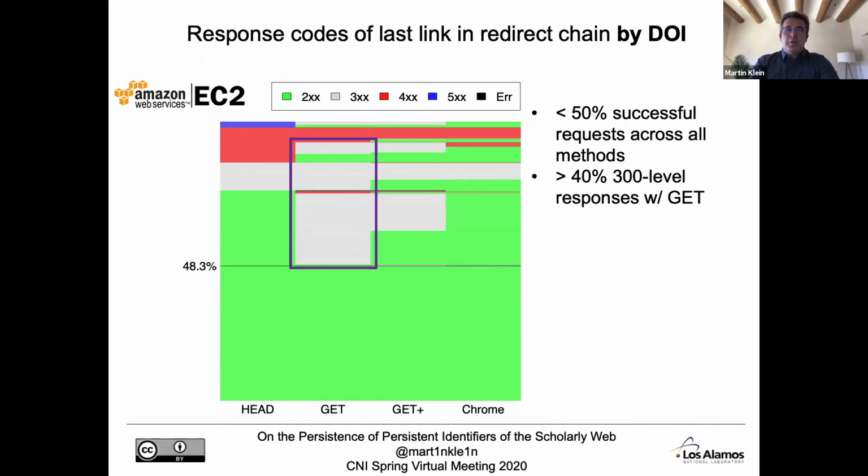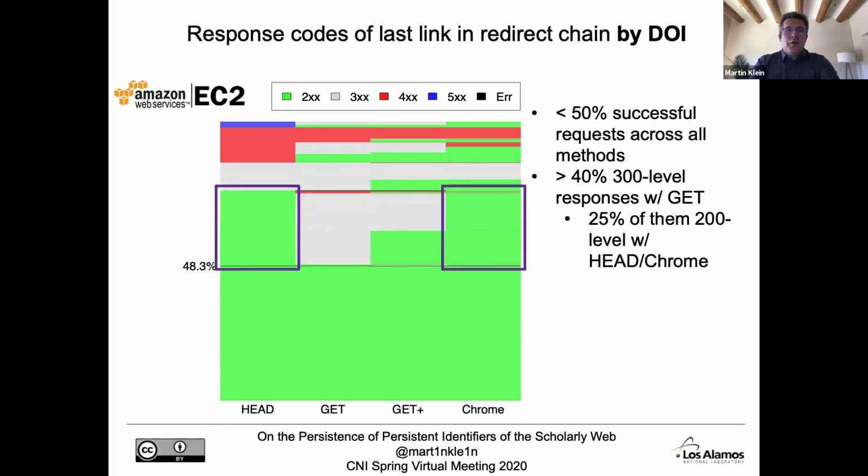We have no obvious explanation for that, especially given the next observation that a significant portion of those DOIs return a 200 level response code when the HEAD or the Chrome method are used. So that doesn't make any sense to us. We don't have an obvious explanation for this sort of finding.